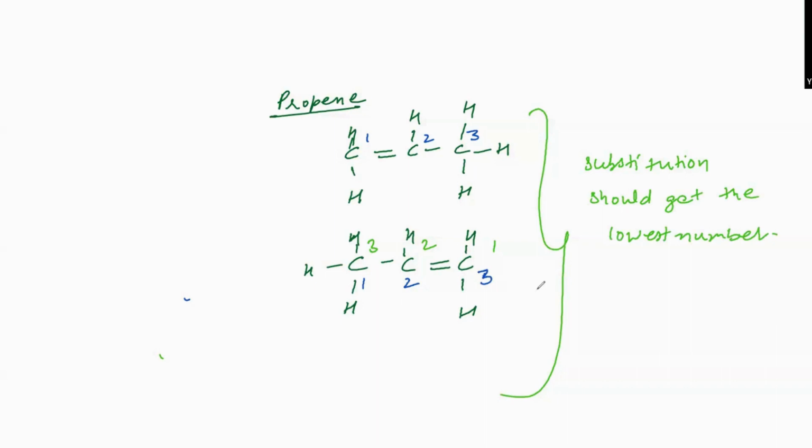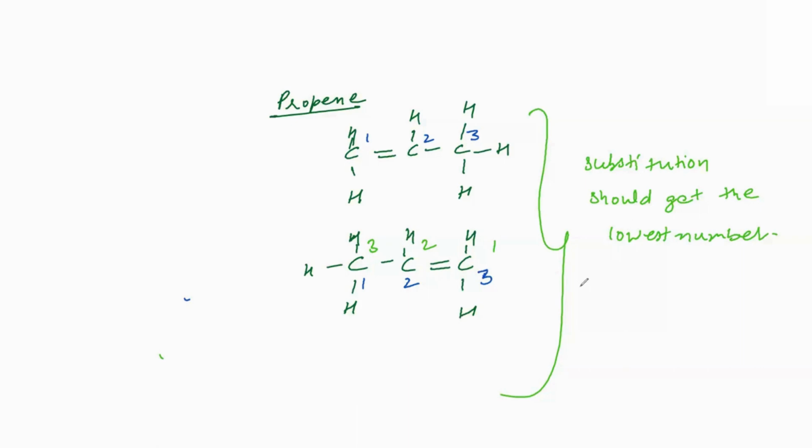You should start the numbering so that your double bond, triple bond, or any other substitution like halogen gets the lowest number, either from the left hand side or the right hand side.